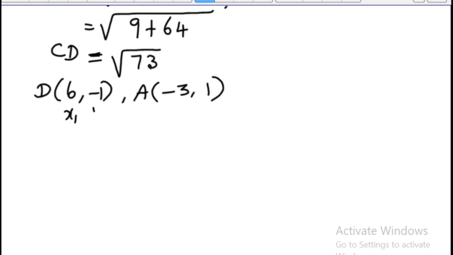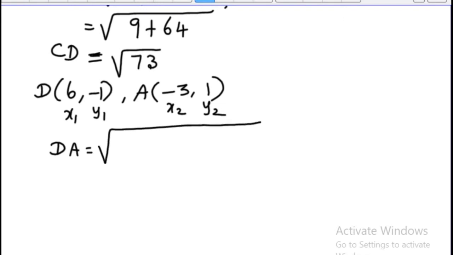Again you can take it as x1 y1 and x2 y2. Therefore DA is equal to root of x2, which is minus 3, minus x1, so minus 6 whole square, plus y2 is 1 and y1 is minus 1, formula minus, and it becomes plus.